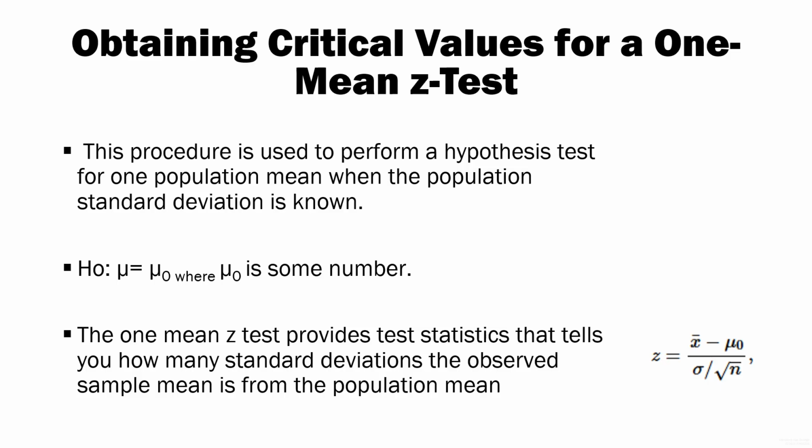In this test, our null hypothesis is mu is equal to mu sub 0, where mu sub 0 is some number. The one-mean z-test provides a test statistic that tells you how many standard deviations the observed mean is from the population mean. The formula for this test is shown right here and is also on your formula card.